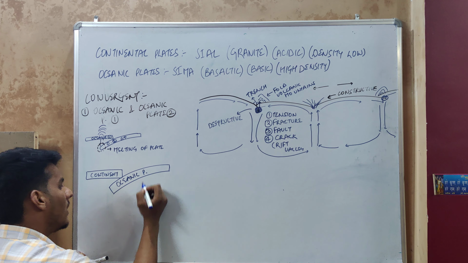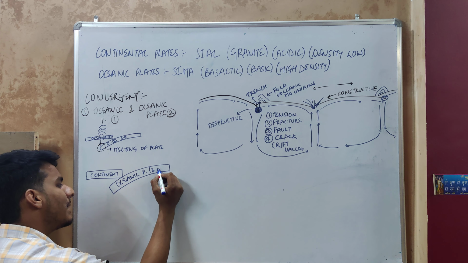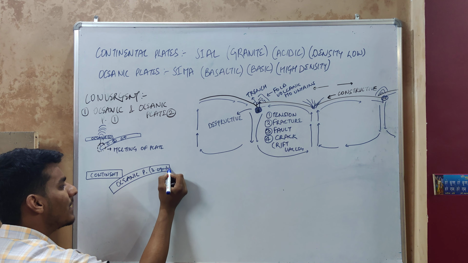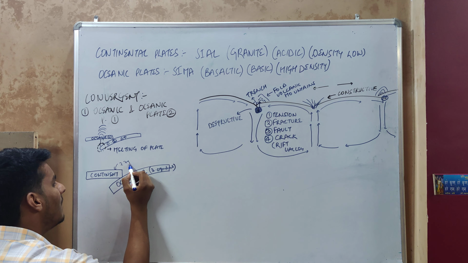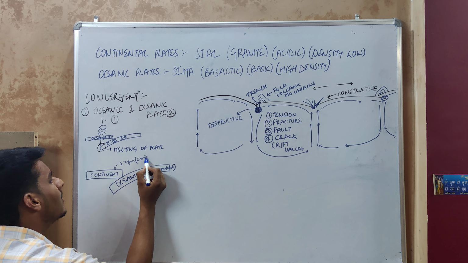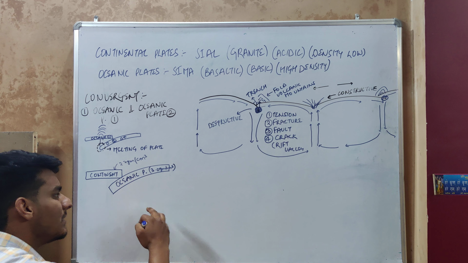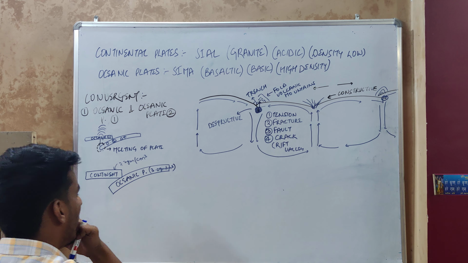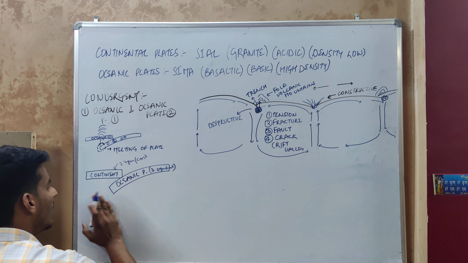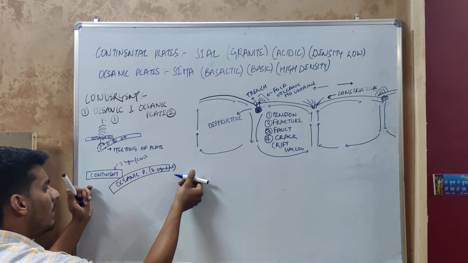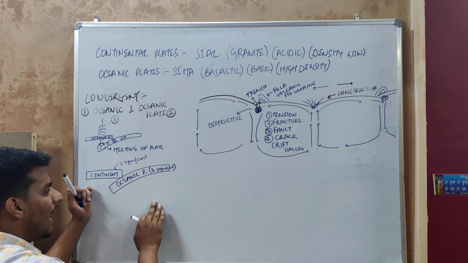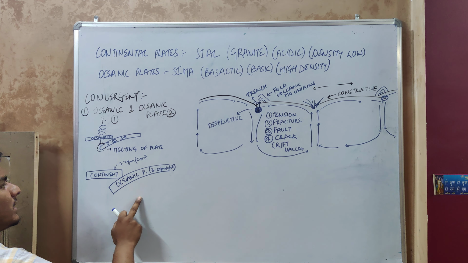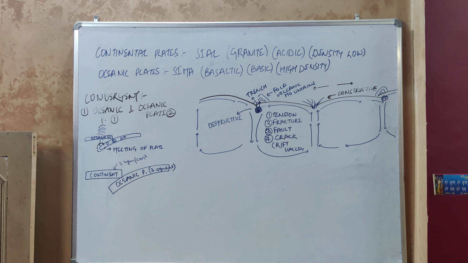Oceanic plate density is 3.0 gram per centimeter cube, and when we talk about continent, it's 2.7 gram per centimeter cube. So it is denser, and if it is denser, it will be falling down, right? When it converges, one plate goes down, and which plate goes down? Whichever plate has high density will go down. In continental and oceanic, we know that the density is higher for oceanic, so that is why it is going down.